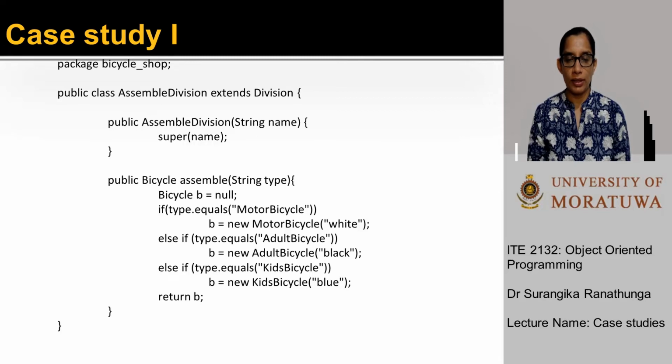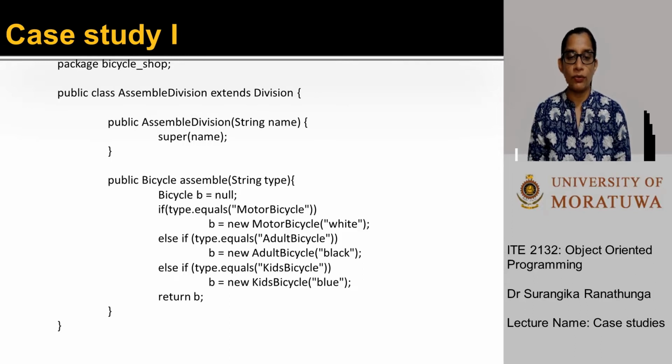So we have to take it, and then depending on the type value, we have to create the appropriate bicycle. For example, if it is a motor bicycle, then we create a motor bicycle. And likewise, we create different types of bicycles based on the string type value. If the user type is not any of these, it will return a null value for the bike.